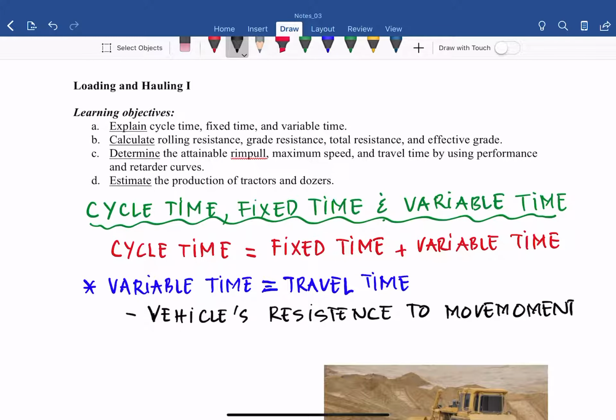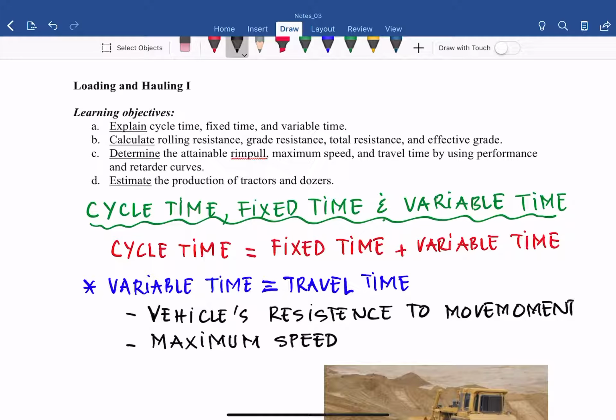And then what is the maximum speed of the vehicle? You cannot exceed the maximum speed dictated by the manufacturer, just like our car. So those 2 will determine the travel time, or the variable time. Fixed time is basically the turning, etc., when the equipment is in the spot.